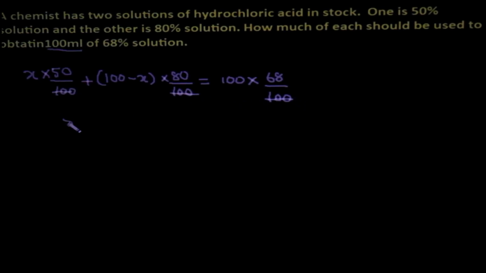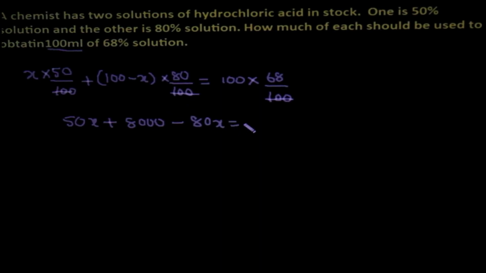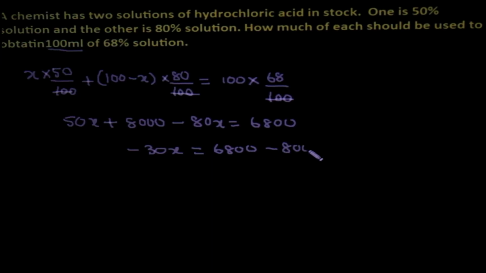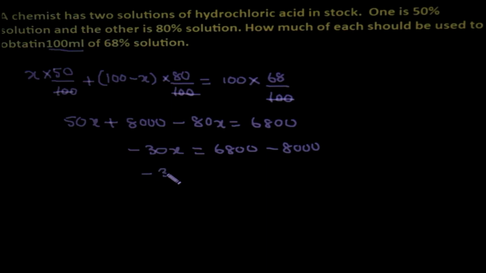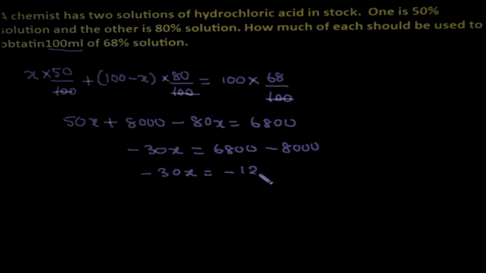You will get 50x plus 100 into 80, 8000, minus 80 into x, 80x is equal to 6800. 50 minus 80 is minus 30x is equal to 6800 minus 8000. Minus 30x is equal to minus 1200.